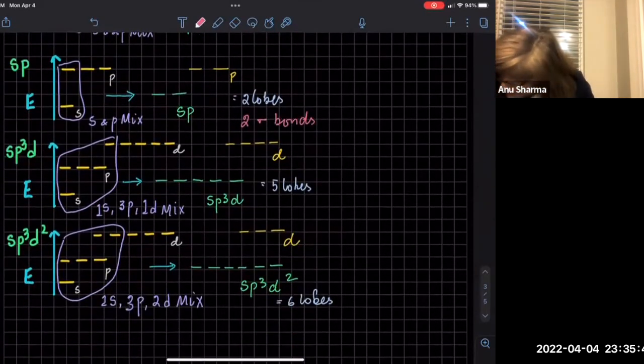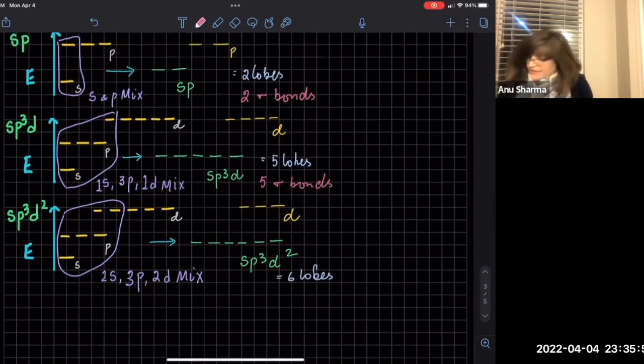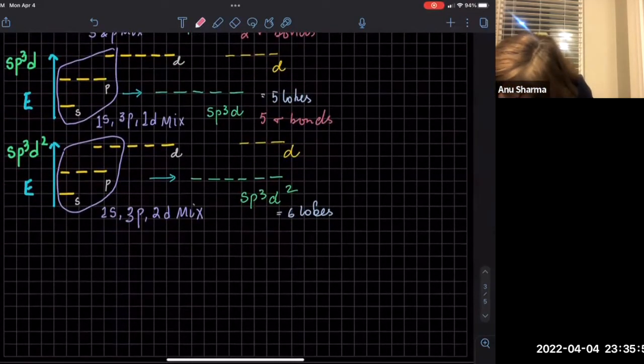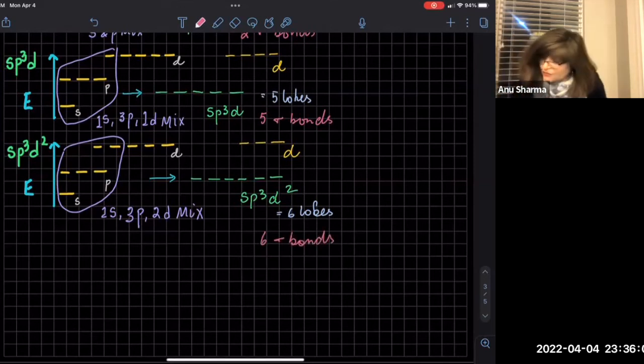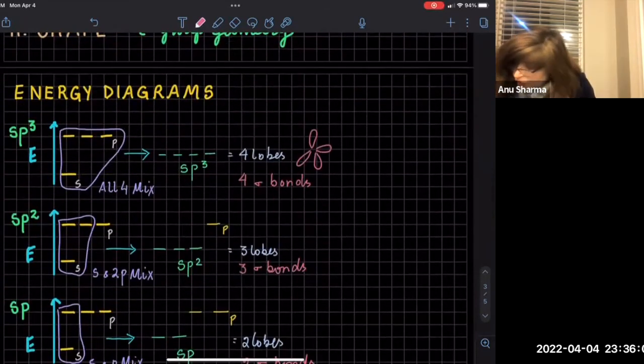Sp3 D is 5 lobes, which means 5 sigma bonds are formed. And Sp3 D2 is 6 sigma bonds formed.